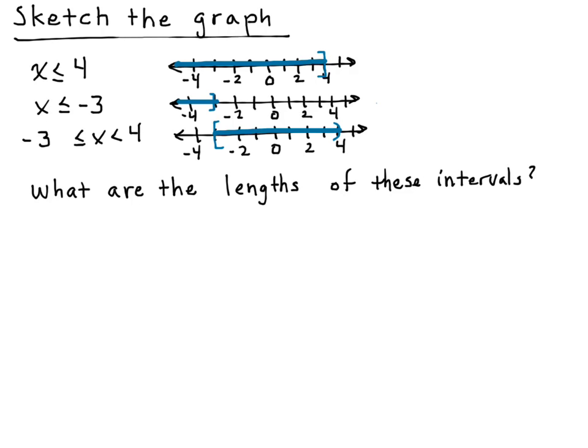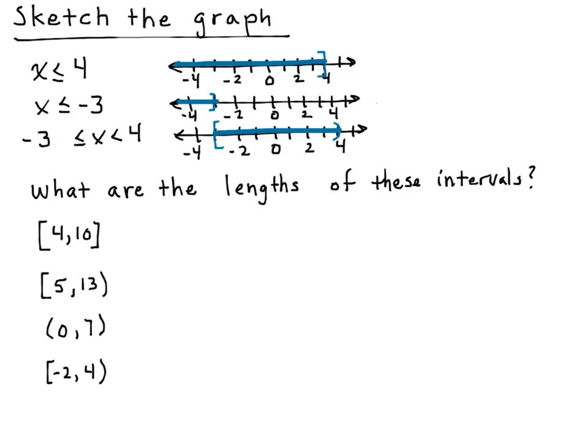Okay, so we're going to have a concept here about lengths of intervals and also distances between two numbers. Whether you have a bracket or a parenthesis, it's going to be the same length. So the length of this interval is 6. 10 minus 4 is 6. The length of this interval is 13 minus 5, or 8.